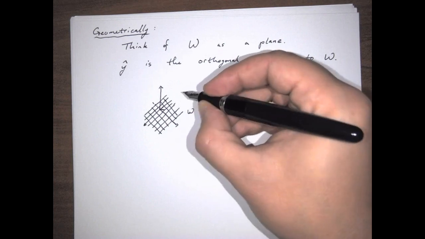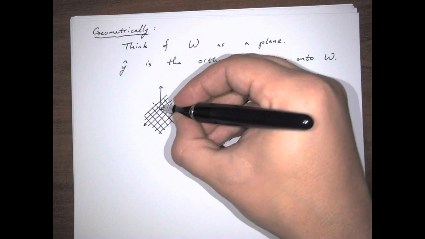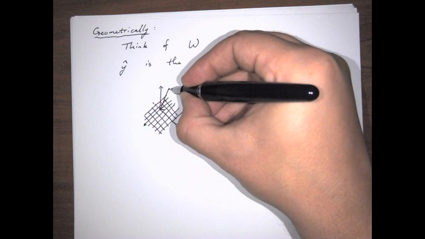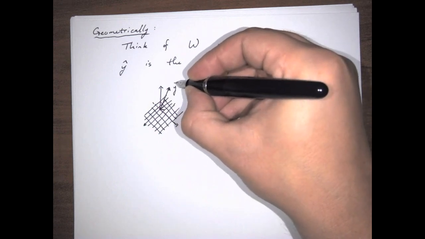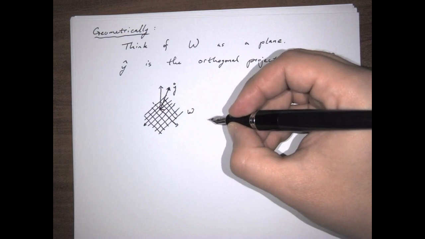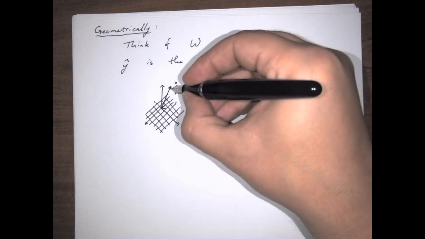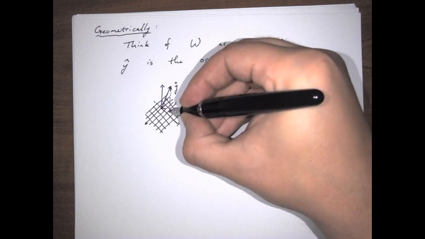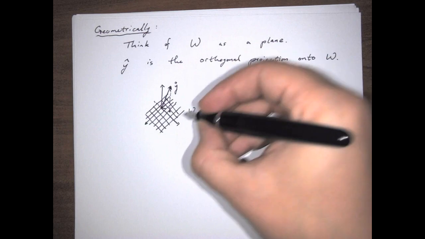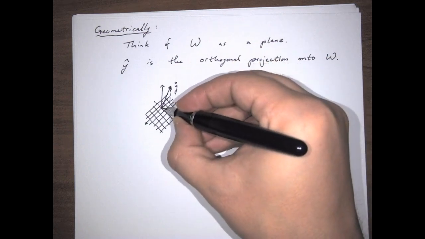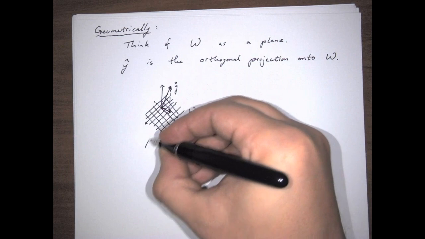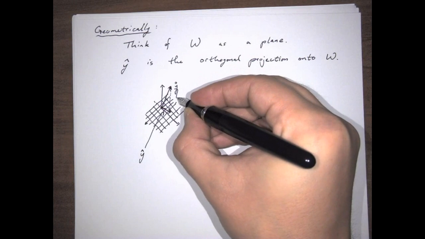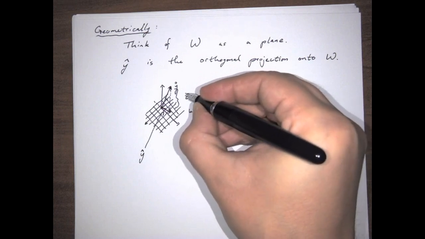Now we've got some other vector which is not on the plane. Let's say the other vector is going up like this. So this is y. It's sticking out of the plane. But if we project ourselves downward into the plane, so this part right down here, that would represent the y hat, and then this part would represent the z.